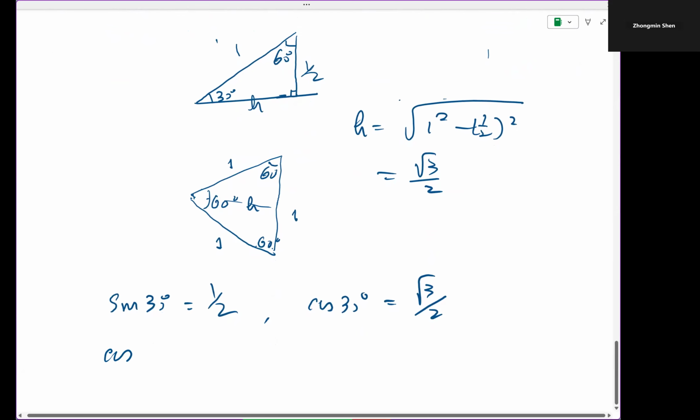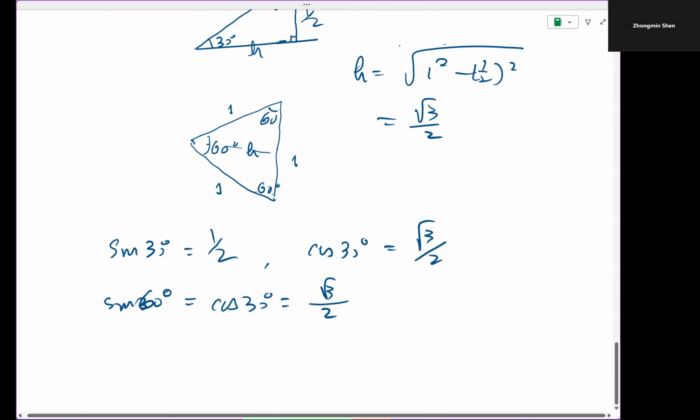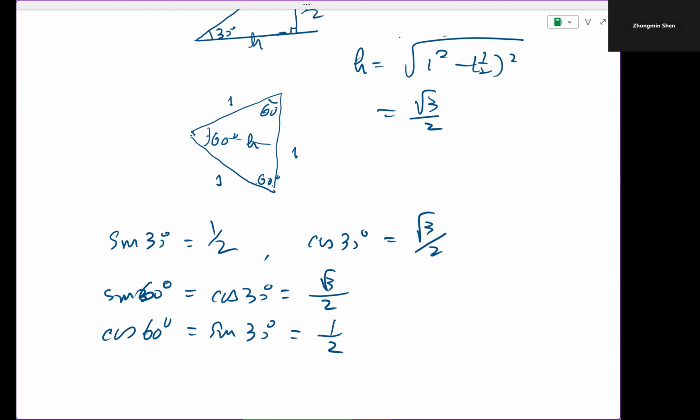And sine 60 degrees, I can use the picture here, because sine 60 is cosine 30 degrees, which is square root of 3 over 2. And cosine 60 degrees is sine 30 degrees, which is 1/2. So you've got all the special angles.